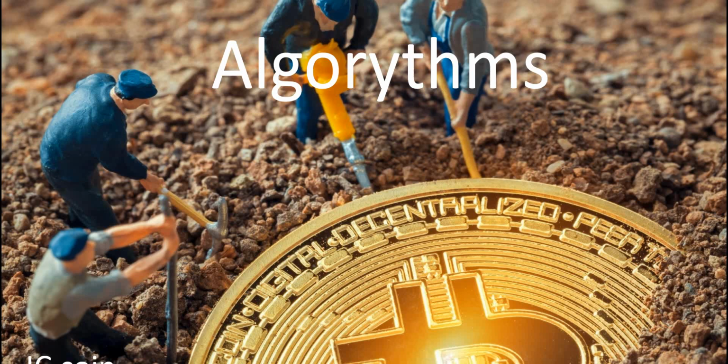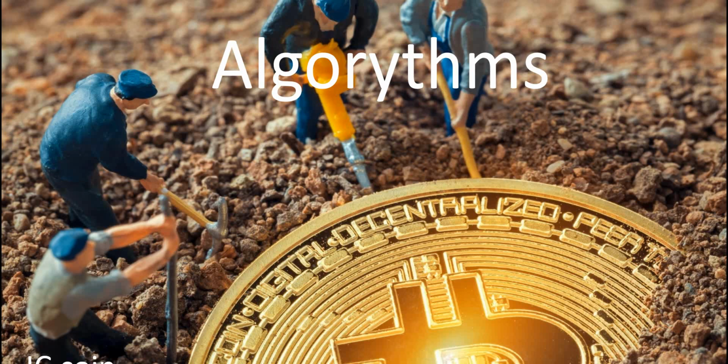Same thing with Zephyr: when it was at its highest, you would mine about 8 times as much as when it was at Monero, and Monero was down. So the algorithm is really important when it comes to earnings and mining, and we can show you how to find that out.